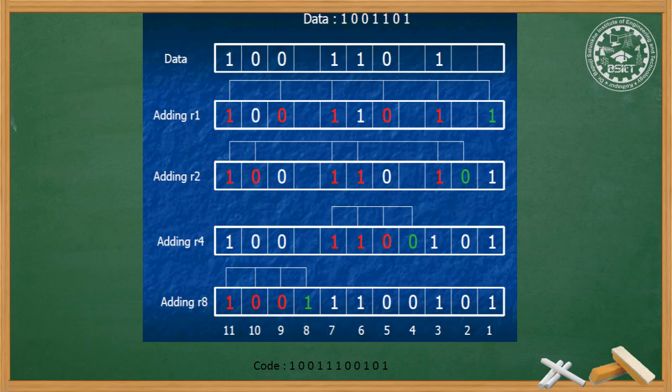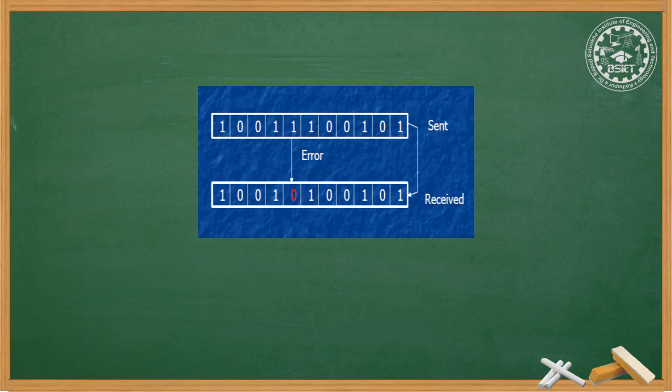You can check for yourself how these bits are calculated using VRC, and those bits are added in the frame. So the sent frame is 10011100101 and the received frame is 10010100101. So here an error has occurred.